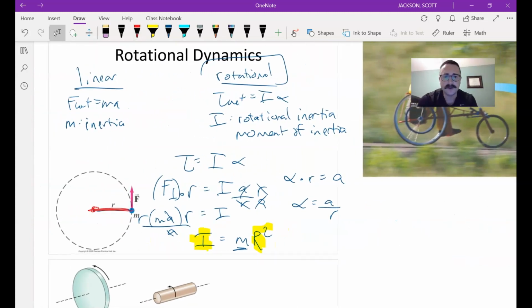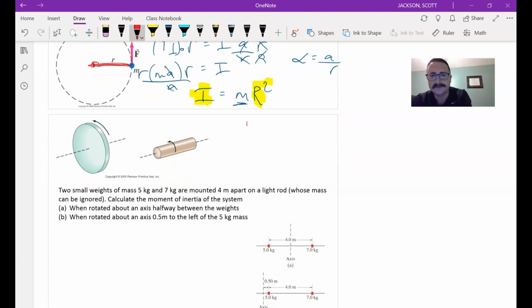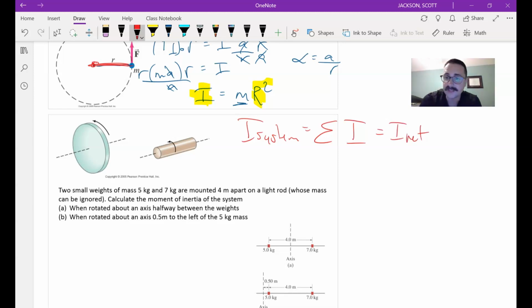And then we'll start to look into all objects, but all objects play off of this. Really, to find the I of a system, you just add up. You do the summation of all of your I's, or you could say the I net. So I would just add up all the different pieces.